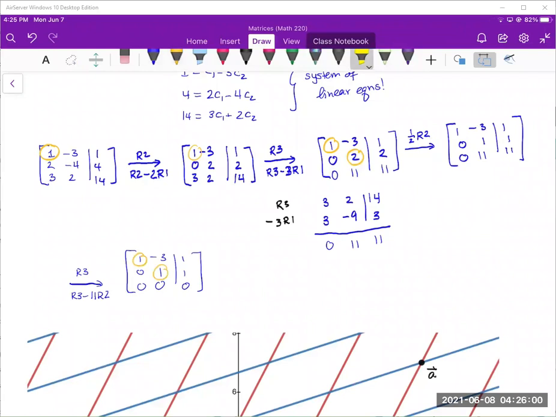Now we're ready for the upward phase. We want to get rid of this -3. The way that we'll do that is by adding 3 copies of row 2 to row 1. And so this gives us 1, 0, 4, 0, 1, 1, 0, 0, 0.